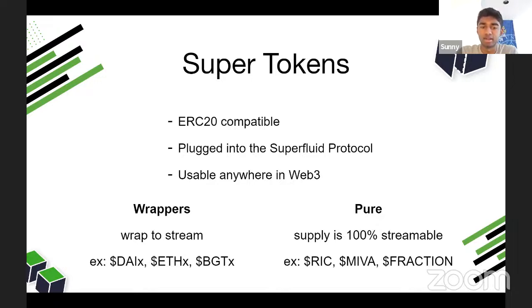You have the wrapper tokens, where you wrap your DAI into Super DAI, or DAIx, and now you can stream it. And then you have the pure super tokens, which exist purely as super tokens. For instance, this token called RIC, there's no underlying RIC token. It exists only as a super token. It's streamable from the get-go. So those are our two super token classes, I'd say.